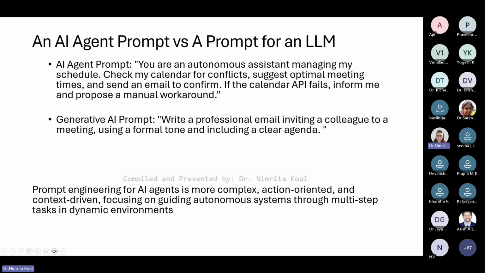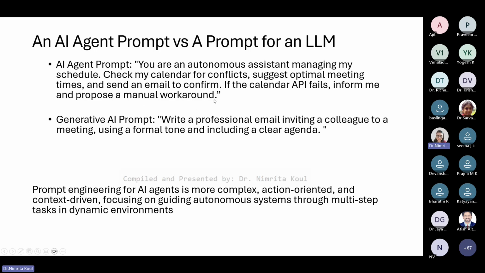Suggest means generate an optimal meeting time and send an email. Again, this is an action. It has to invoke the email API to send an email to confirm. If the calendar API fails, which means if the tool call results in a failure, then do another action. Inform me about the failure and propose a manual workaround, right?